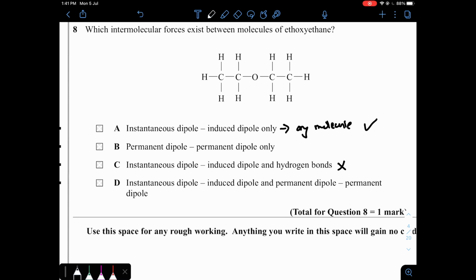What about the permanent dipole? That's also present. So you need to have both for the intermolecular forces which exist between these molecules. So the answer is D.